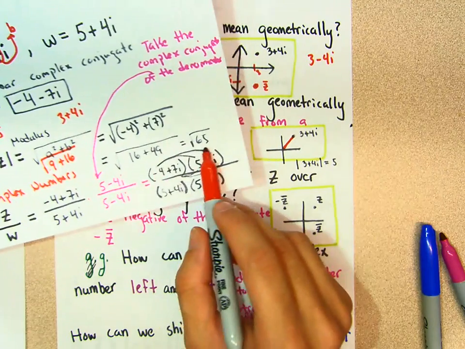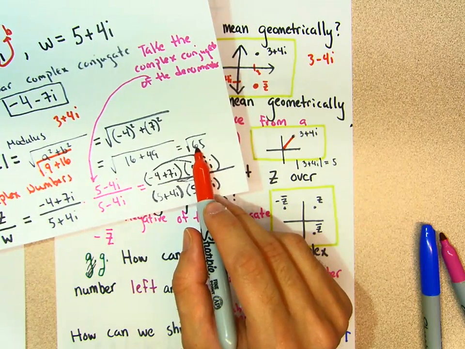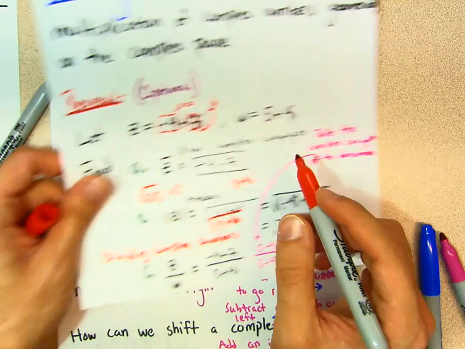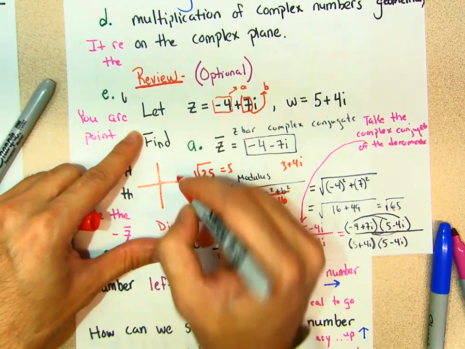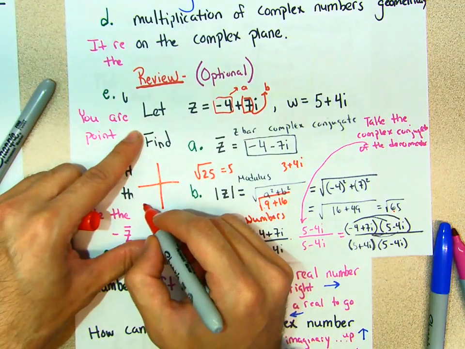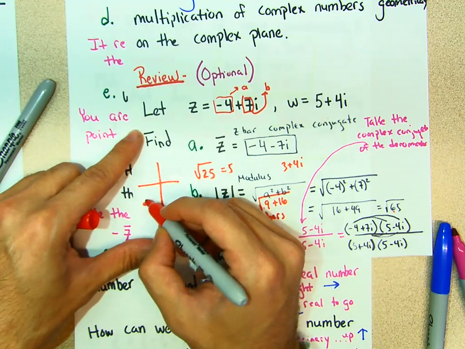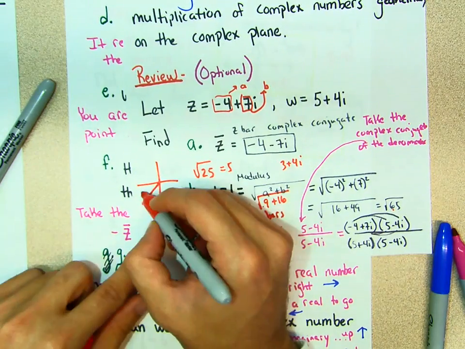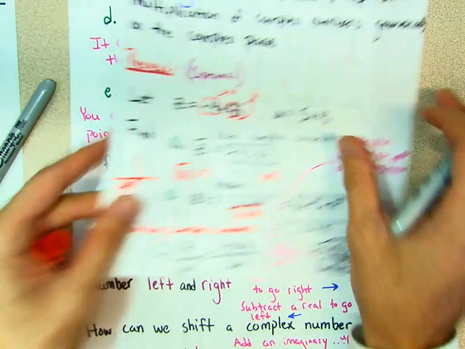So when we had this answer of square root of 65, if I have my point negative 4 minus 7i, which is right here, the distance from here to here is square root of 65. Okay? That's what that represented.